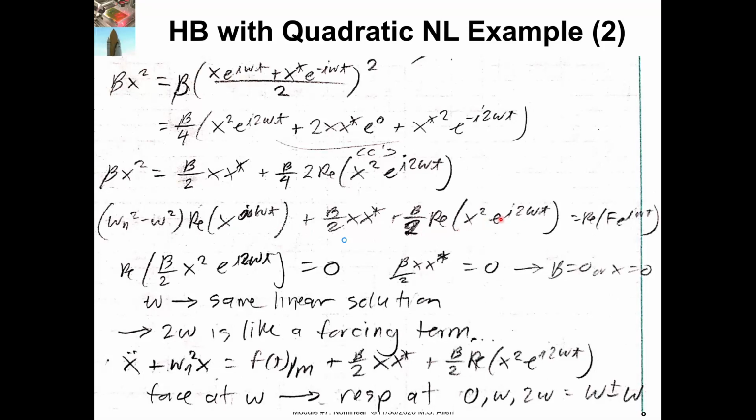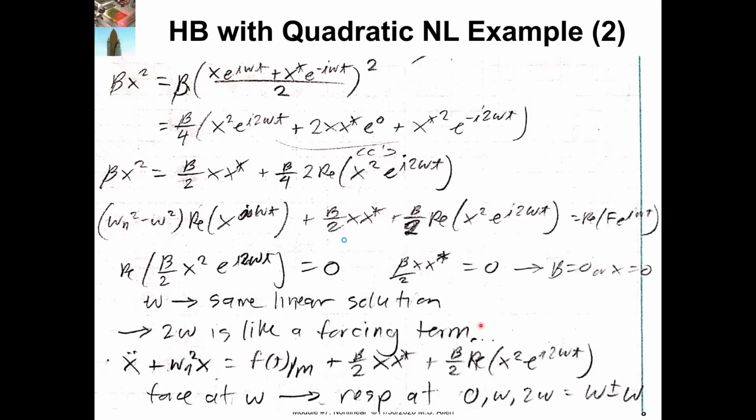It also told us that we can't have a response that's an e to the i omega t. We need to have higher harmonics. So to really solve this, we'd have to move these terms to the other side and account for the fact that the response could have frequencies of 0 omega and 2 omega, even though we're only exciting at omega.